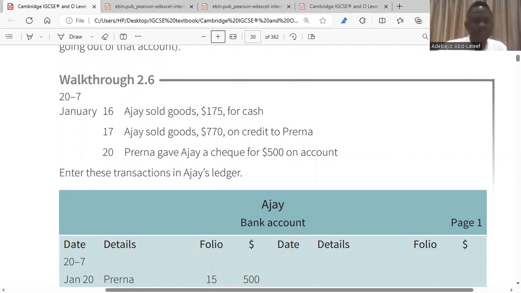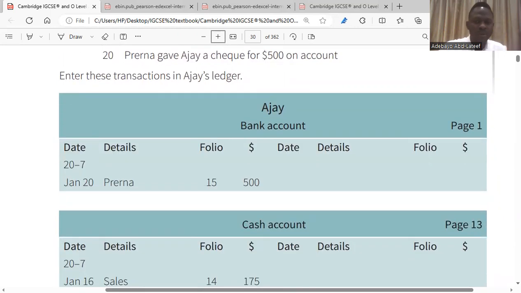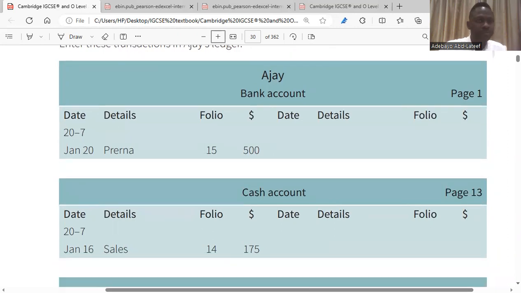Now, I just sold goods 770 on credit to Prerna. So here we're going to have Prerna as our debtor, which is trade receivable account, and the sales account. So the sales account will have a credit, and Prerna's account, which is trade receivable account, will have a debit entry. Is that clear?